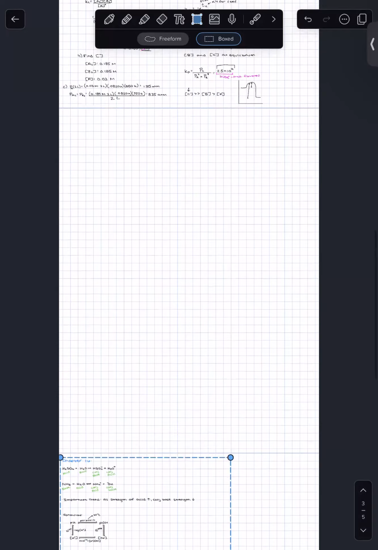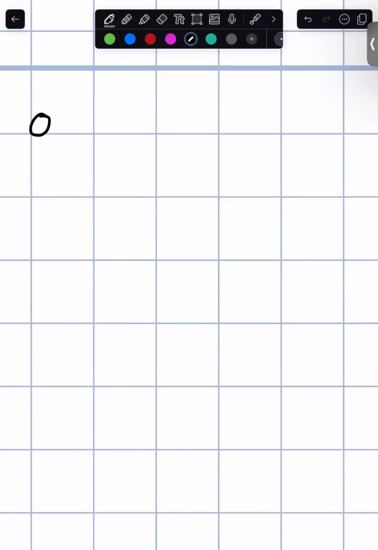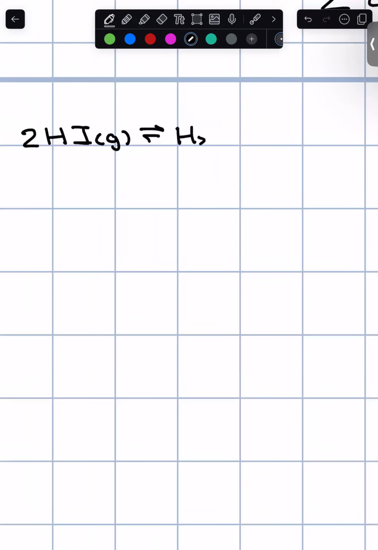Let's work on another question here. I'm going to give you guys a second to do this. I don't remember what question we're on, like 5. Okay, so we have the following reaction. 2HI, hydroiodic acid, which is a gas, is in equilibrium with H2 and I2.